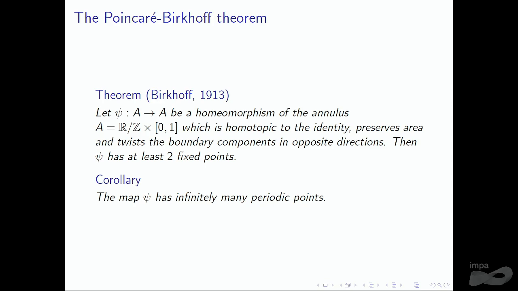The Poincaré-Birkhoff theorem, in fact, is a theorem of Birkhoff, because Poincaré didn't prove it in this more general situation. It states that if you have a homeomorphism of the annulus, which is homotopic to the identity, meaning that it preserves the boundary components and preserves orientation, and suppose that also it preserves area and twists the boundary of the annulus in opposite directions.